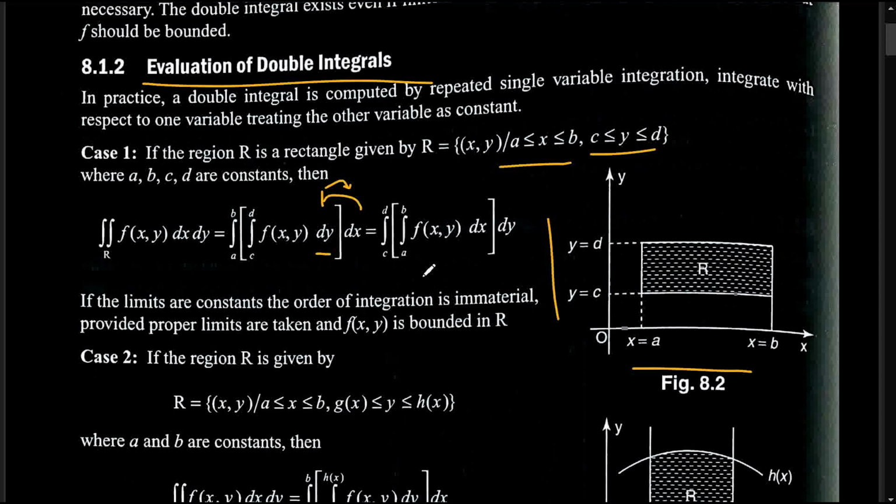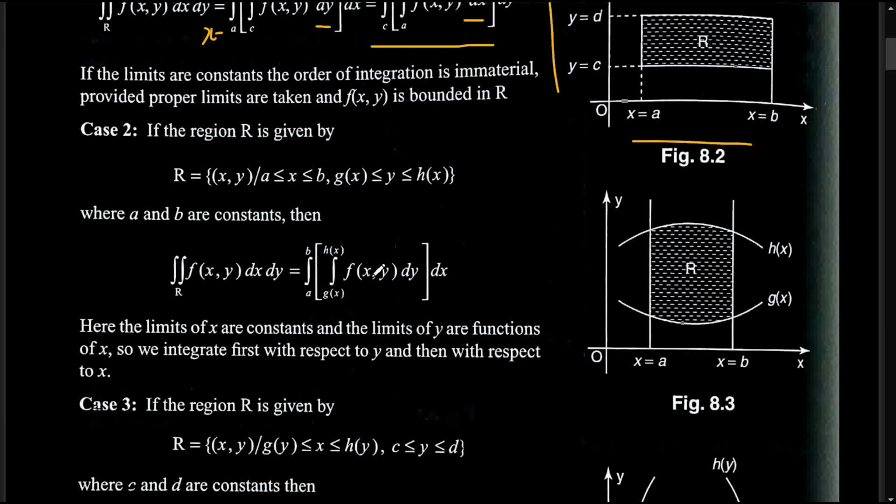After solving the inside integration, we get something, and that should be integrated with respect to x with the limit of x, so x is equal to a to x is equal to b. We can interchange this. If we interchange dx, then as I said, the limit should also be interchanged. Instead of c to d, you have to take a to b, the limit of x.